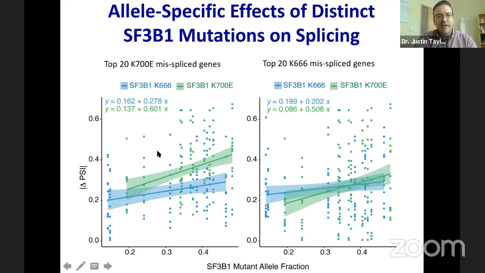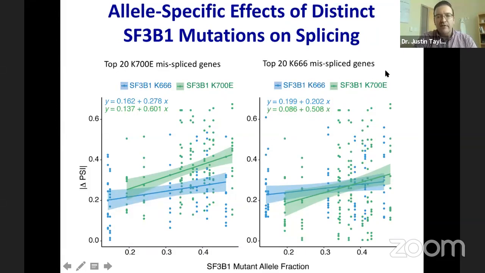So you can see as the allele fraction increases for SF3B1 K700E, you see an increase in the aberrant splicing of these top 20 misspliced genes for K700E. And the missplicing is stronger at all of these as compared to SF3B1 K666.